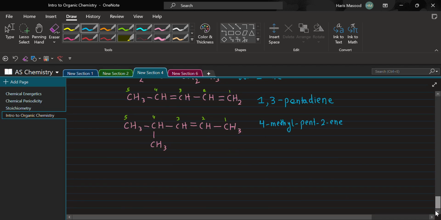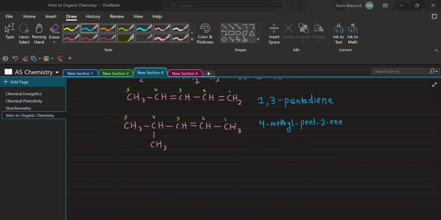Now we have understood the basic naming. We're not going to move forward with every functional group's naming. We will be studying them along with their reactions, and we will study their naming in that chapter.